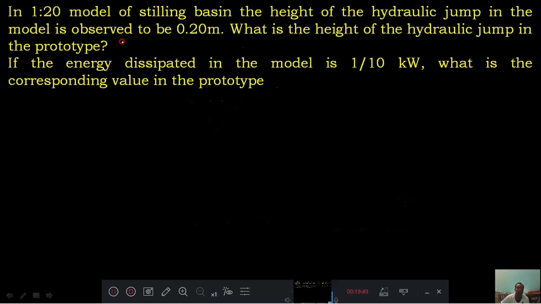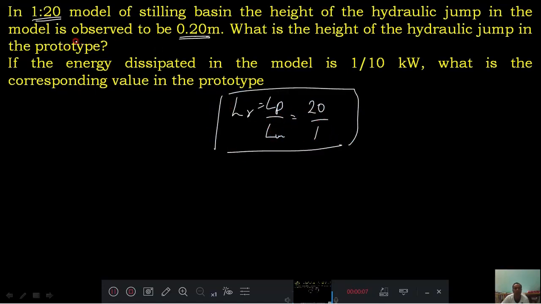We'll go to the next one. In a 1 in 20 model of a stilling basin, that is your LR. LR equal to LP divided by LM, that is 20 divided by 1. Okay, we got it. The height of the hydraulic jump in the model is observed to be 0.2 meter.